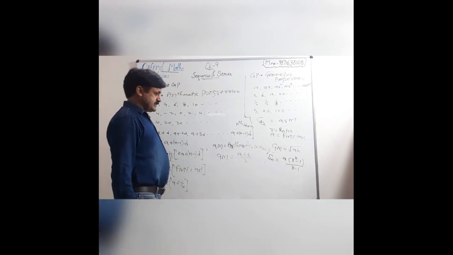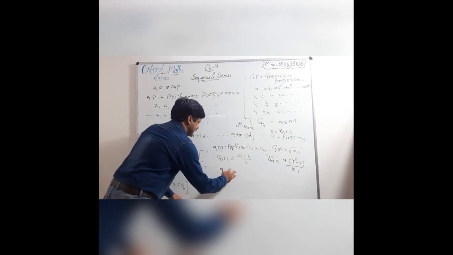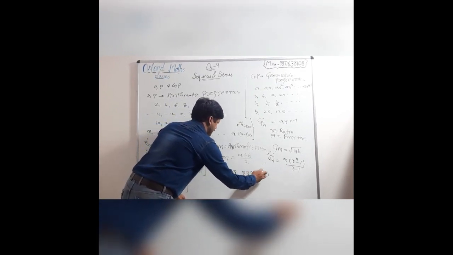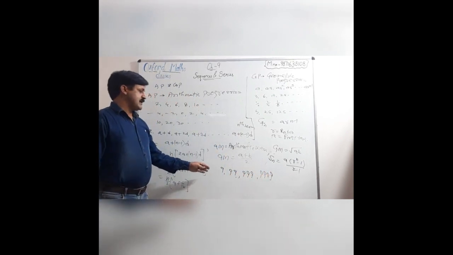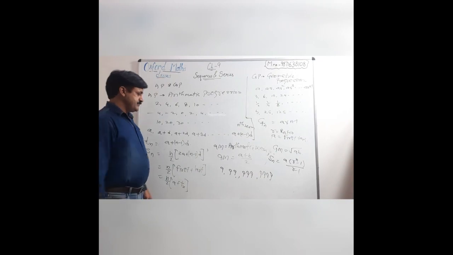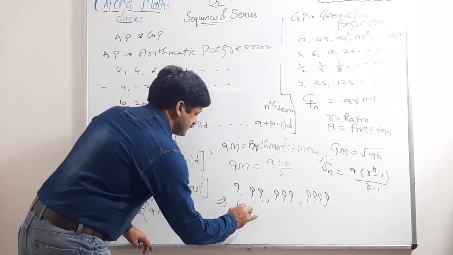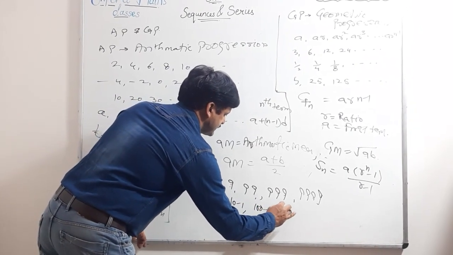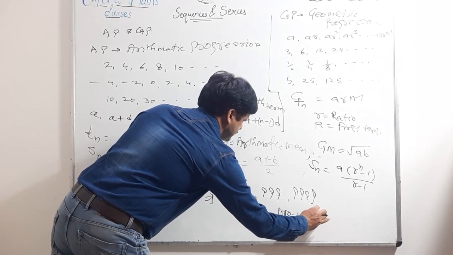Some different series, like 9, 99, 999, 9999. This type of series is easily converted into GP, like 10 minus 1, 100 minus 1, 1000 minus 1, 10,000 minus 1.